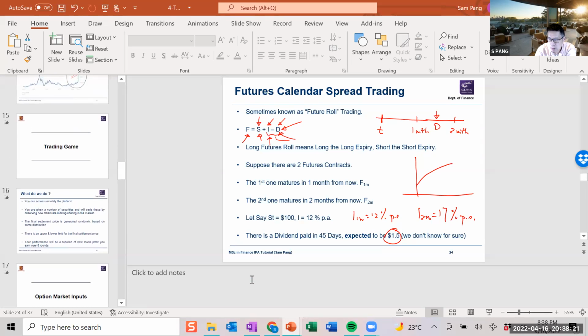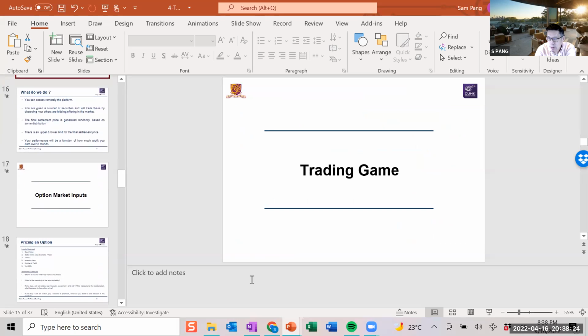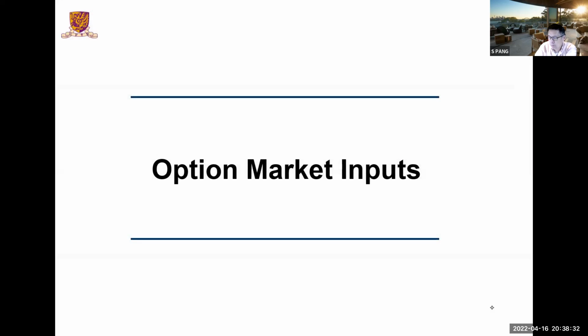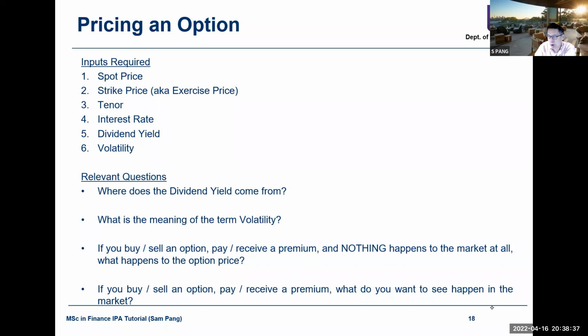Now in 4, that's just the last tutorial, we talked about the trading game, and I want to just quickly remind you of the inputs that are required to price an option. This is probably the most frequently asked question for entry-level jobs for young graduates trying to enter the finance industry.